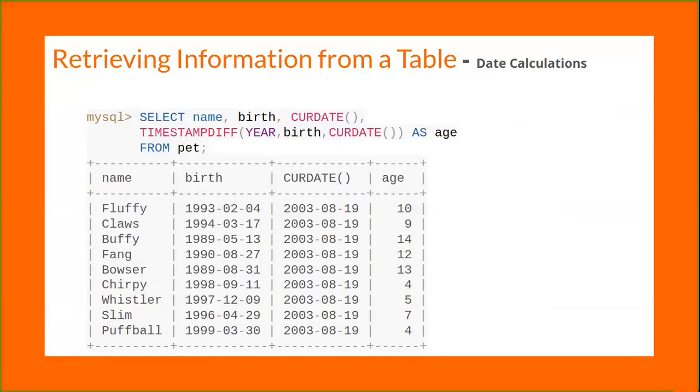An alias age is used to make the final output column label more meaningful. SELECT name, birth, CURDATE(), TIMESTAMPDIFF(YEAR, birth, CURDATE()) AS age FROM pet. Here age is the alias, from the table pet, and here is the output.